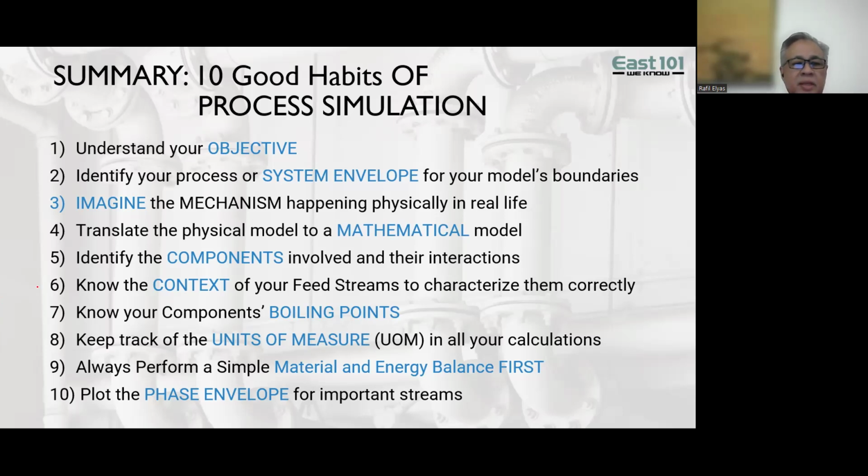Six is to understand the context of the feed streams, characterize them correctly or adjust them correctly, add some water, or extrapolate the endpoint boiling points. Understand what our components' boiling points are so you can arrange them in nice order.